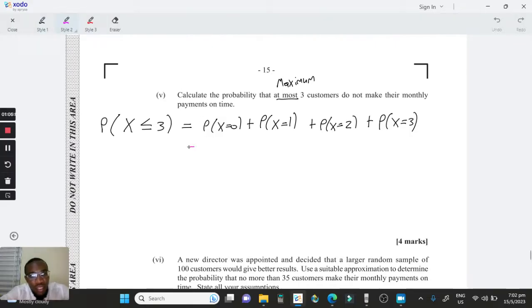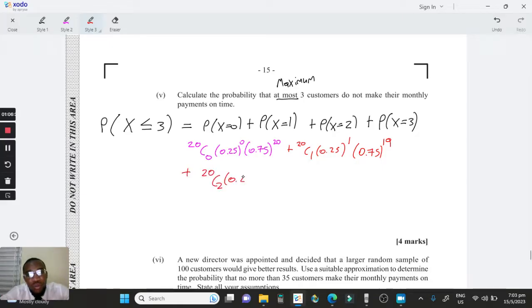So this, remember, is 20 choose 0, 0.25 to the 0, 0.75 to the 20. When X equal to 1, it's 20 choose 1, 0.25 to the 1 times 0.75 to the 19. Plus 20 choose 2, 0.25 squared times 0.75 to the 18.